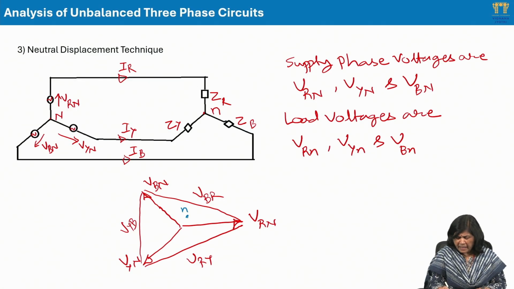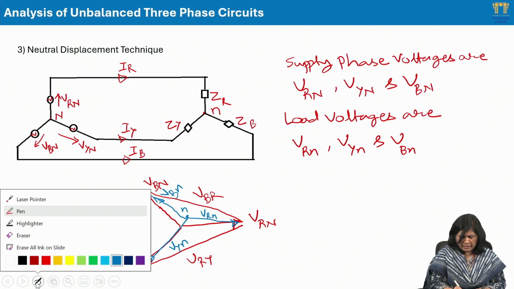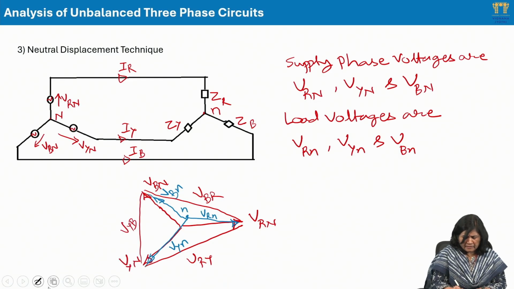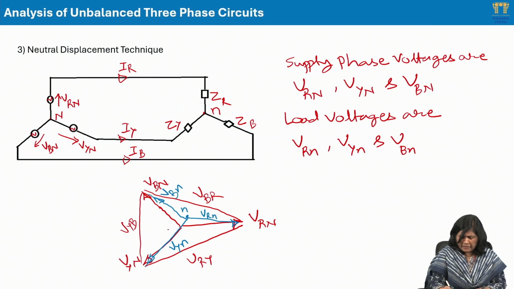So this is my VRn, this is my VYn, and this is my VBn. I need to find out what is the difference between capital N and small n.